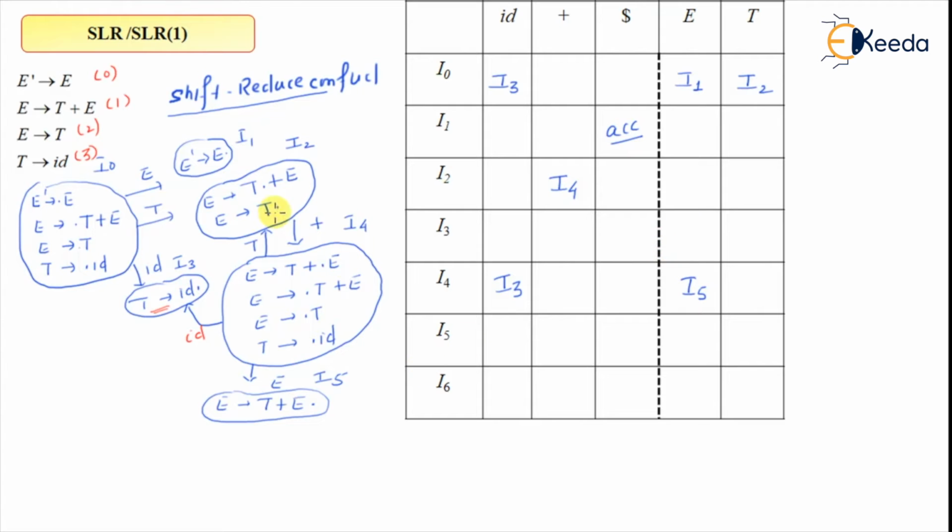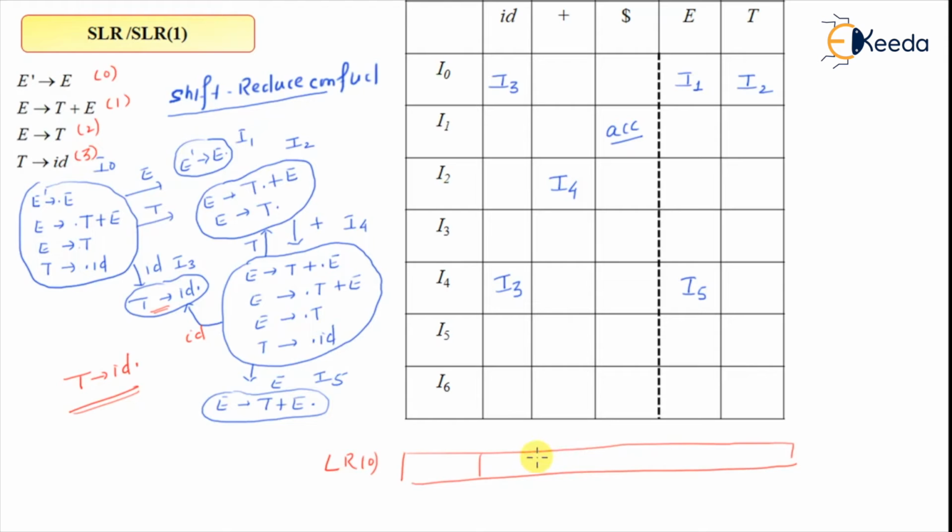Now we'll come back to this reduction part, and just concentrate, because this is the first table that I'm drawing here. Look at I3. I3 is T derives ID. If it is an LR(0) row, I'll create this row in this way.